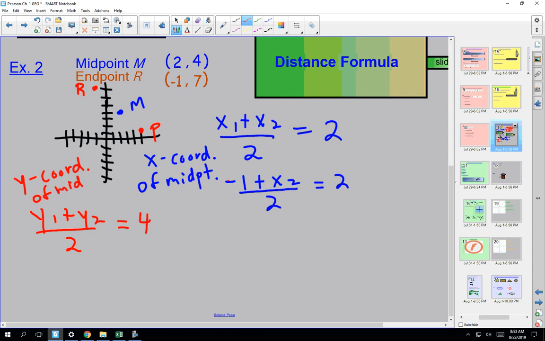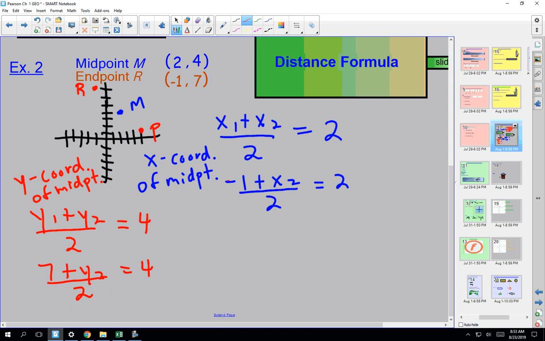So you have to know your definitions and exactly what these formulas do. And so y1 would be 7. So I have 7 plus y sub 2 over 2 equals 4. And then I'm going to leave the algebra up to you. If you could go ahead and solve each of these for x2 and for y2, would be great.